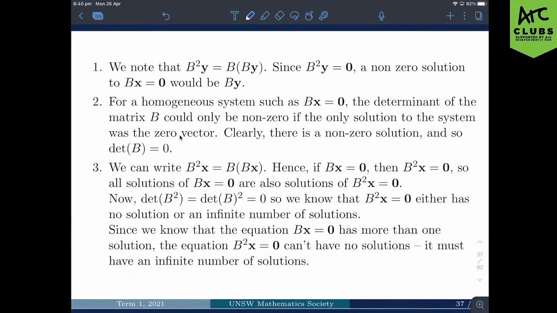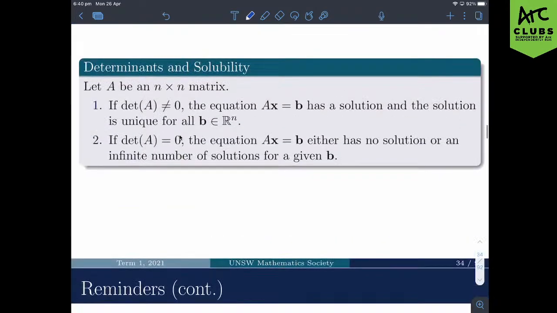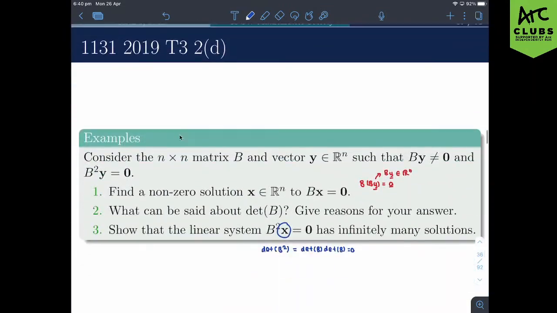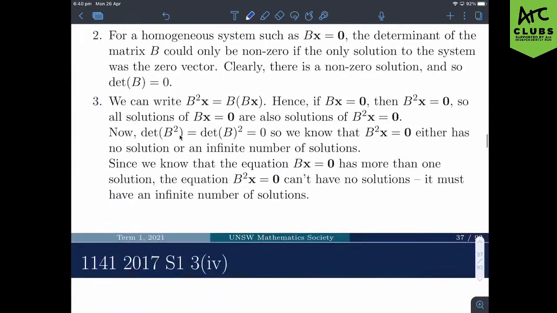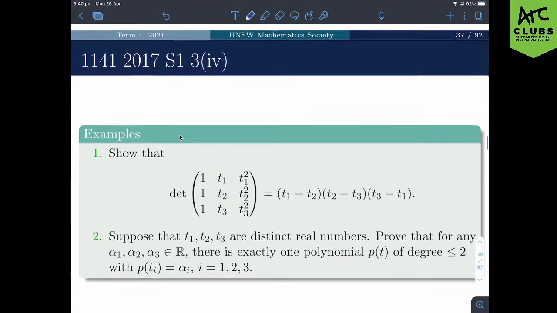So yeah, that concludes this question. I've written it out more nicely in this solution here, but feel free to read it later because I think the explanation covers it.